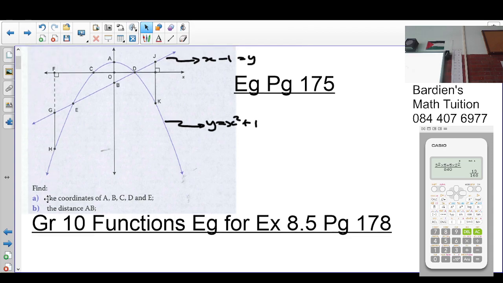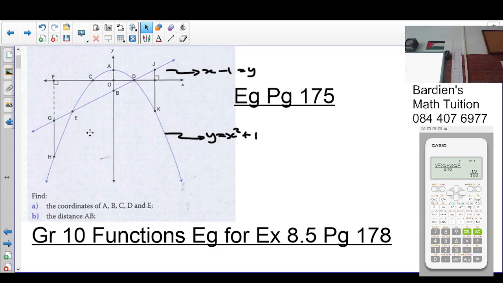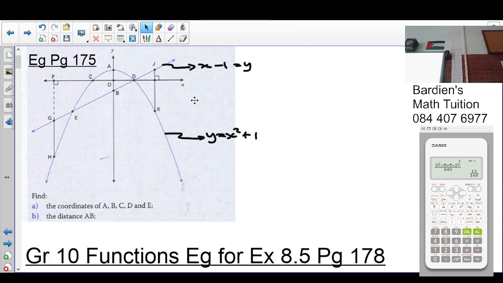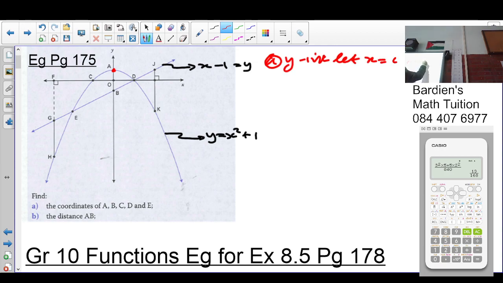So let's look at the question. Here we are told to find the coordinates of A, B, C, D, and E. So let's look at A. What is A, people? It is your y-intercept of the parabola. How do you calculate the y-intercept? We let x equal to 0. So do that calculation quickly for the parabola.